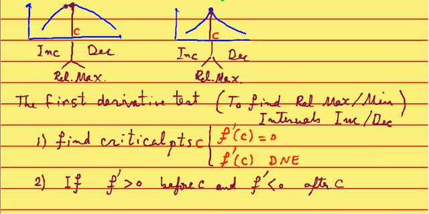The derivative was positive if we are going up and the derivative is negative afterward. Then at that point we have a maximum. Same thing here. The derivative was positive, then it became negative. In between, the derivative wasn't even defined, but that doesn't matter. You still have a relative maximum.